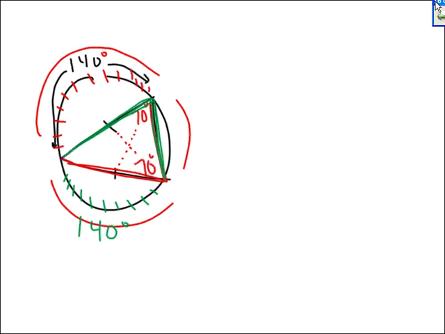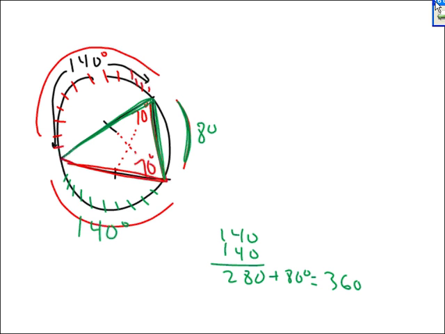Now you have two ways to proceed. You can say, so far, the arcs added up to 280, and there's only one arc left over. Well, if you add 80 to that, you get 360. So this arc is 80, and this angle cut off that arc, so it's half as much.